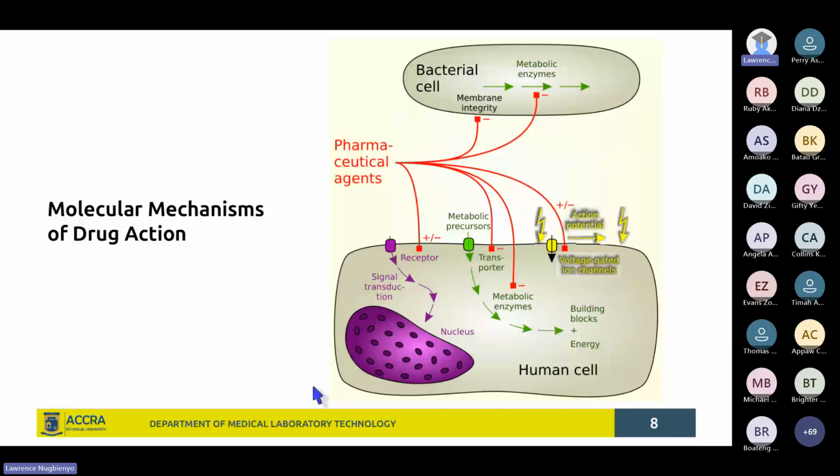All right, now let's take a look at the general processes or the mechanisms by which you can have substances sort of inducing their effect. Now, let's say we have a pharmaceutical agent, a drug that can do different things.